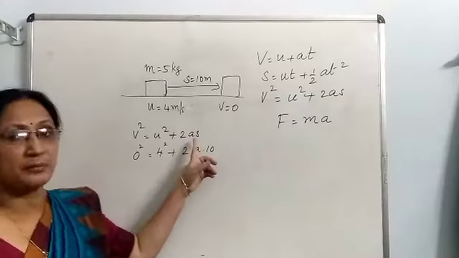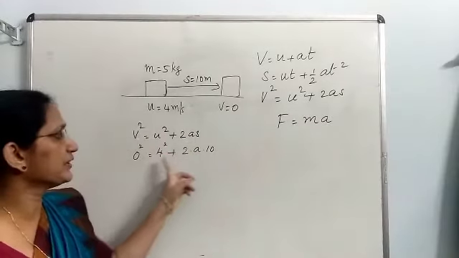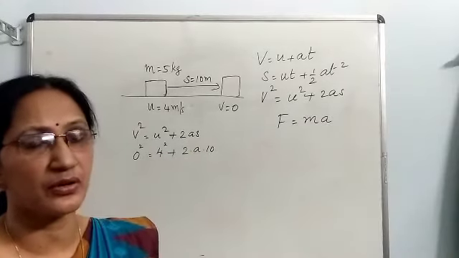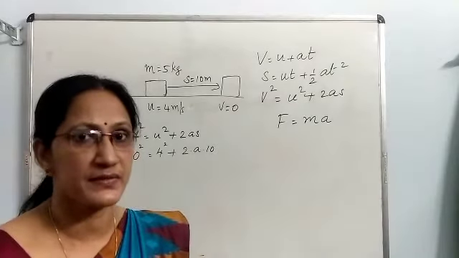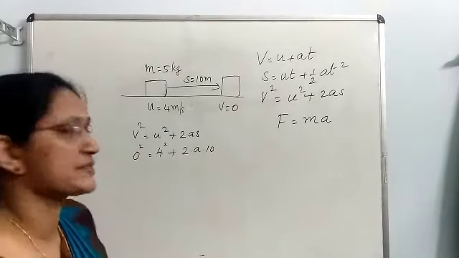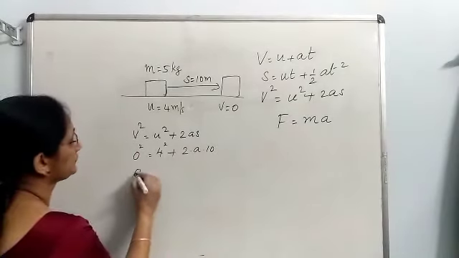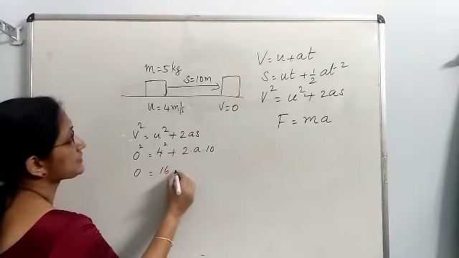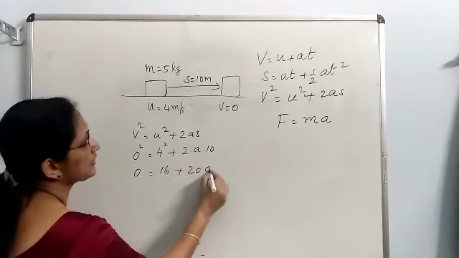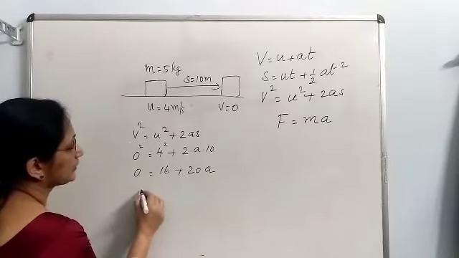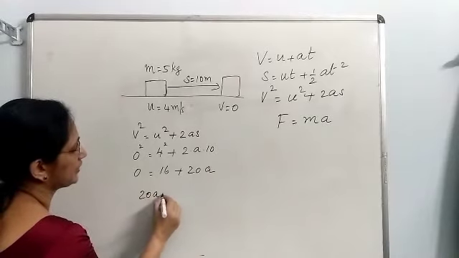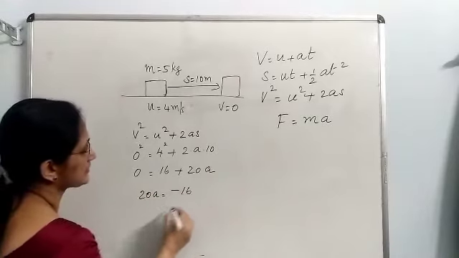Before substituting the numbers, you check whether all the given numbers are in same system or not. Generally, we follow SI system to solve the numericals. So let us proceed. 4 square 16 plus 20A. Then 20A is equal to minus 16.